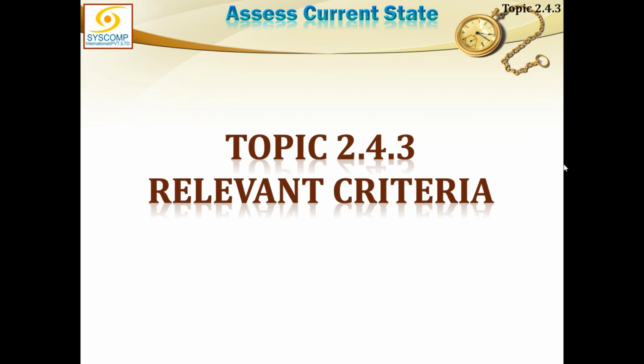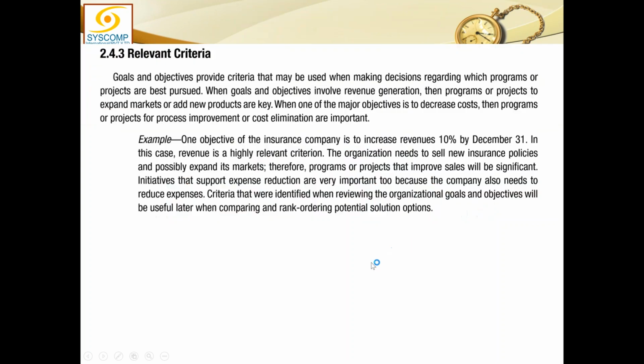No question. The next topic is relevant criteria. That is 2.4.3. The goals and objectives provide criteria that may be used when making decisions regarding which program or project is best pursued.